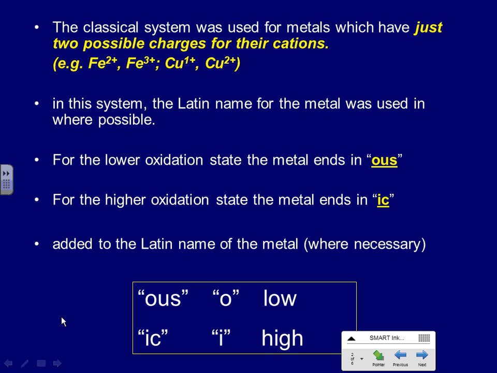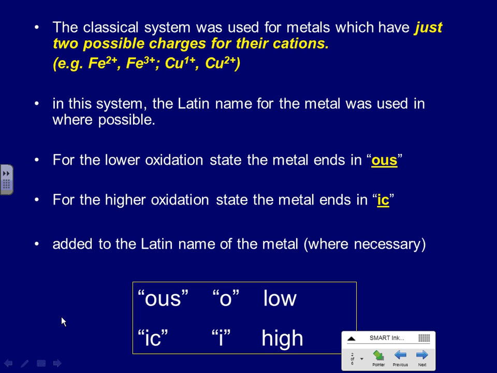Now, depending on who your teacher was last year, you may have already seen this. Does this sound familiar? Ferric, ferrous. No? All right. This system with the us and ic ending can be used for any element that has two oxidation states.